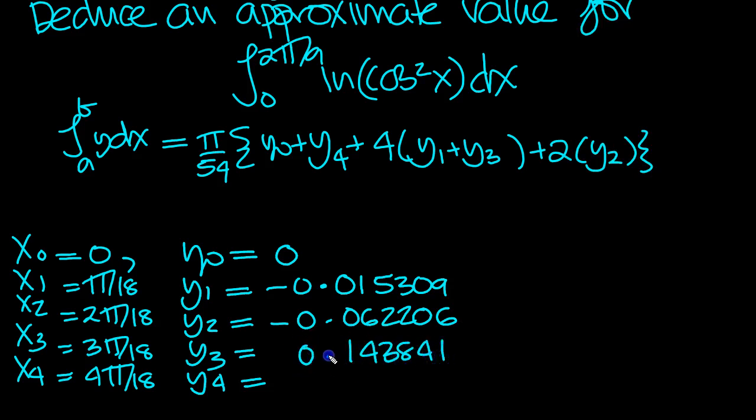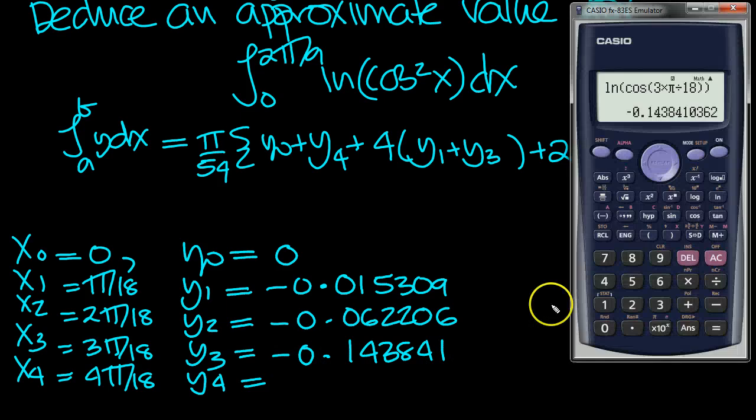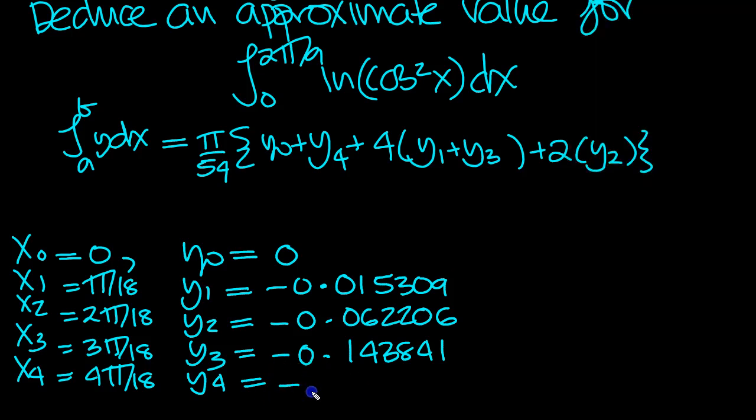And then the last one, 4 pi over 18. Put that in: minus 0.266515. So there's the y ordinates we need to put in.